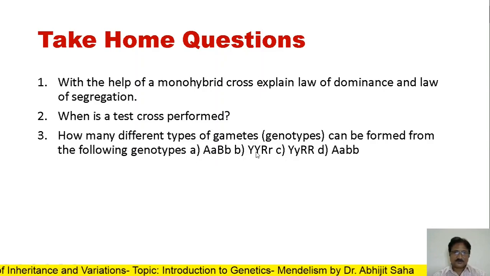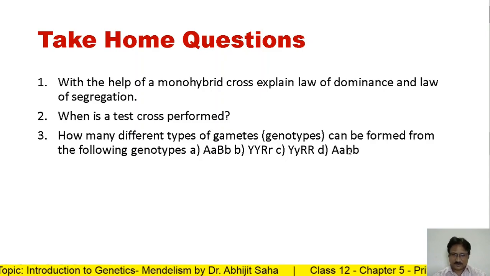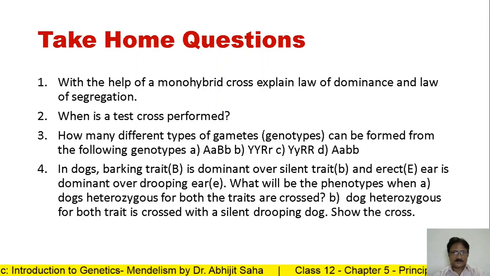Next is capital Y, capital R, small r. Next is capital Y, capital R, small r. And the next is capital A, capital B, small b, small b. So from here how many types, from here how many types, from here how many types, and from here how many types of gametes can be formed and what are they?